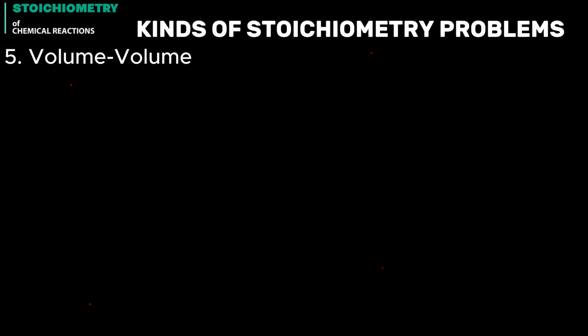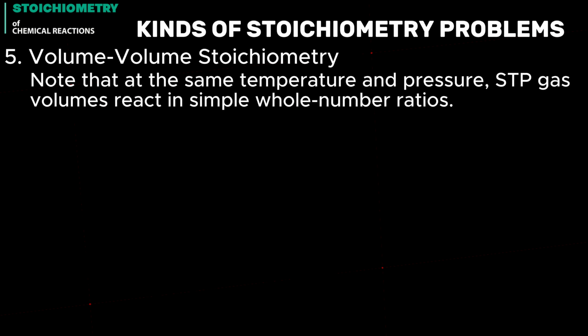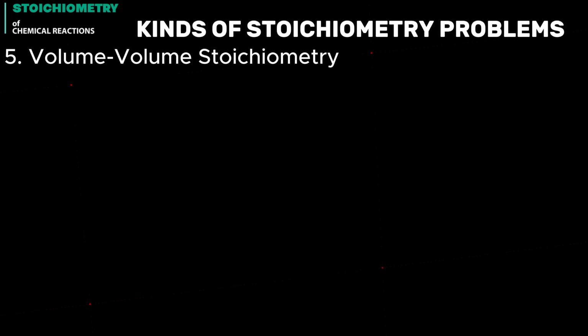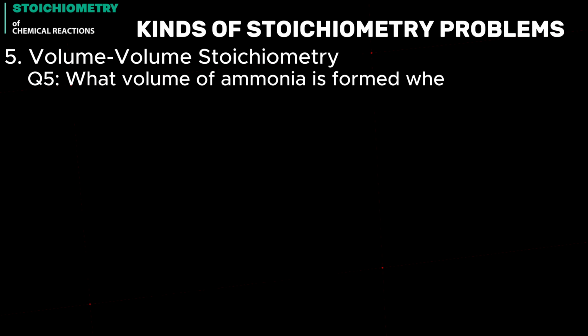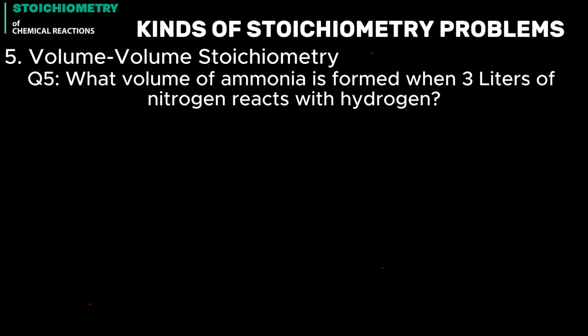Then we'll look at the volume stoichiometry. Know that at the same temperature and pressure, gas volumes react in simple whole number ratios. It's a known law. So illustrate this with a question. What volume of ammonia is formed when 3 liters of nitrogen reacts with hydrogen?